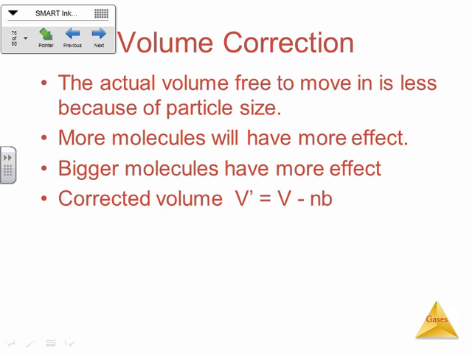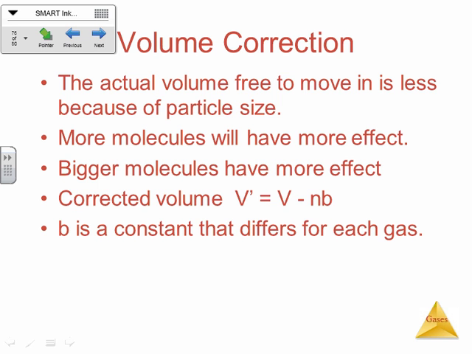Okay, so our correction here, we have to subtract n times b. B is a constant that's going to differ for each particular gas, just depending on its size, and n is just the number of moles.